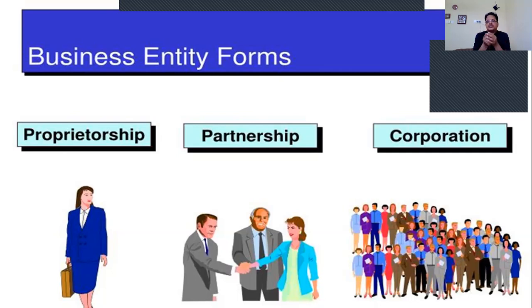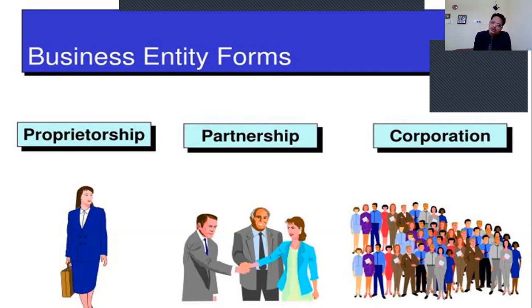In addition, there are many other forms like cooperative societies and joint family undertakings. But in general, the major forms, and in our outcome, are only three: proprietorship, partnership, and corporation.